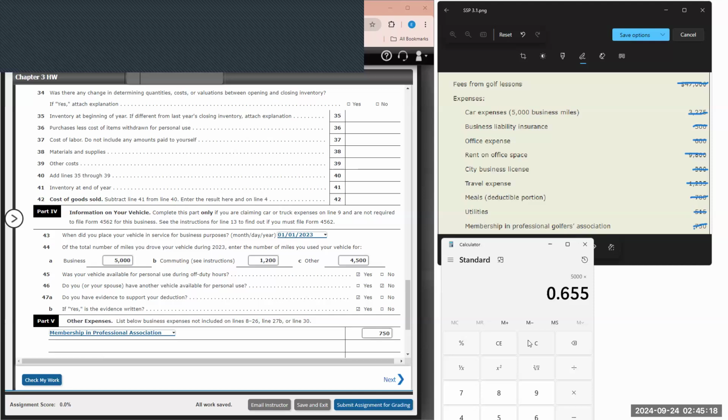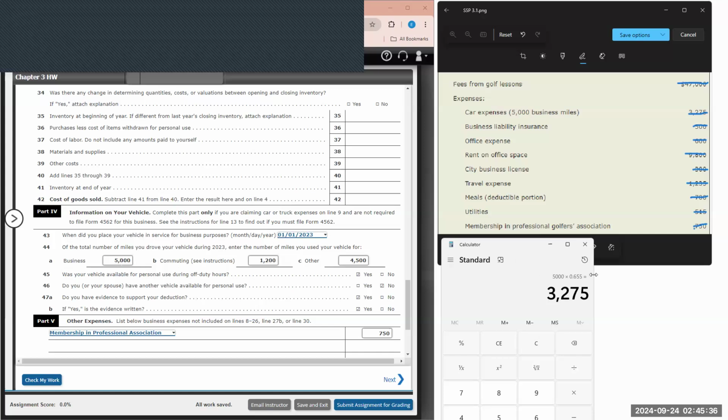So 5,000 multiplied by 0.655, that is how we calculated the 3,275. In the next example, we're going to need to actually calculate it ourselves. All right, so just keep that in mind.